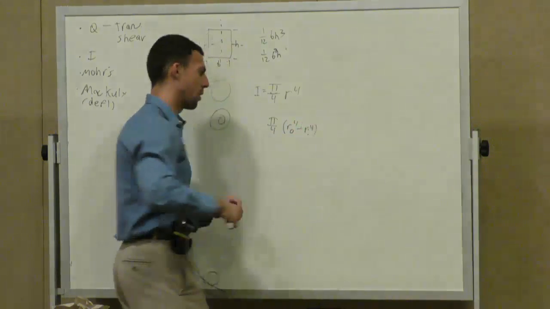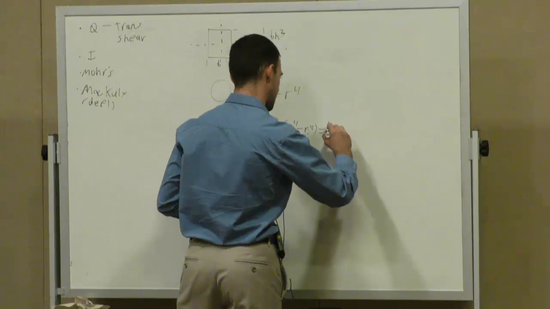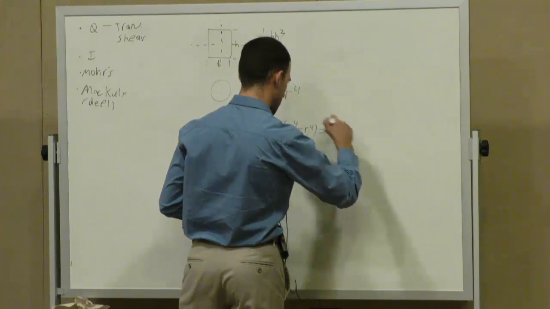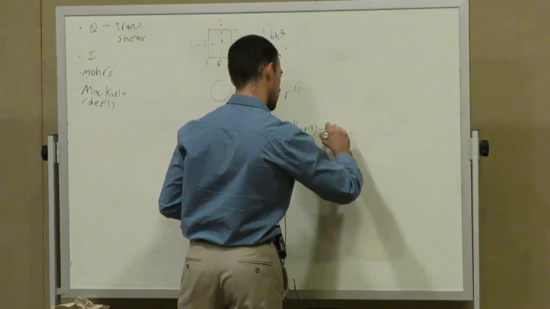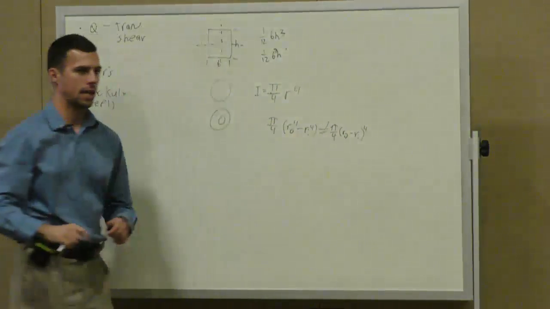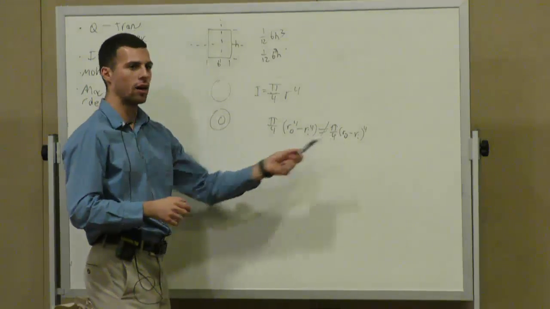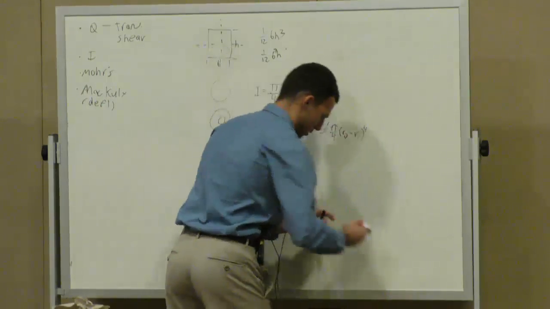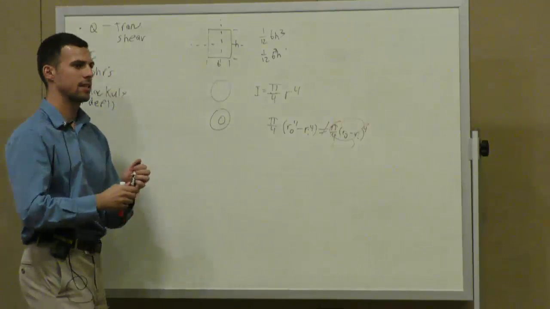Remember that this is not the same as this. Those are not the same thing. Be careful, do not do this. This is wrong. Wrong. Wrong. This one is right.